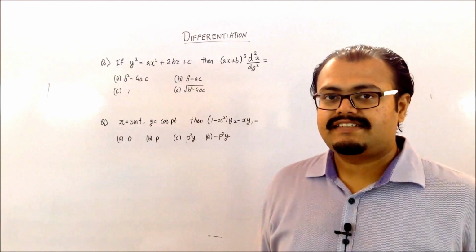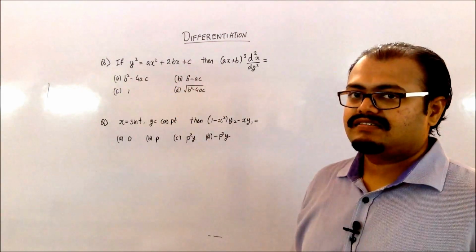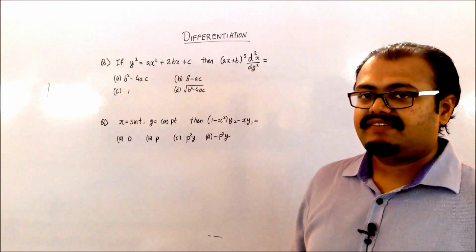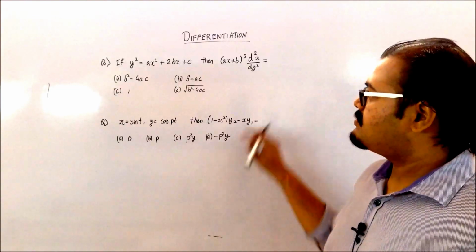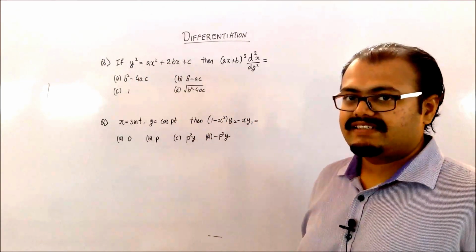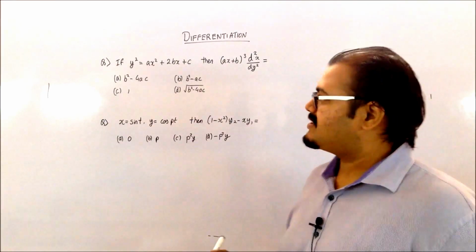Next questions are related to double derivatives. So you're having this equation. In that you have to find d square x by dy square. Now what you can do is basically you can just differentiate this simply with respect to x, and then you can find what is dx by dy.